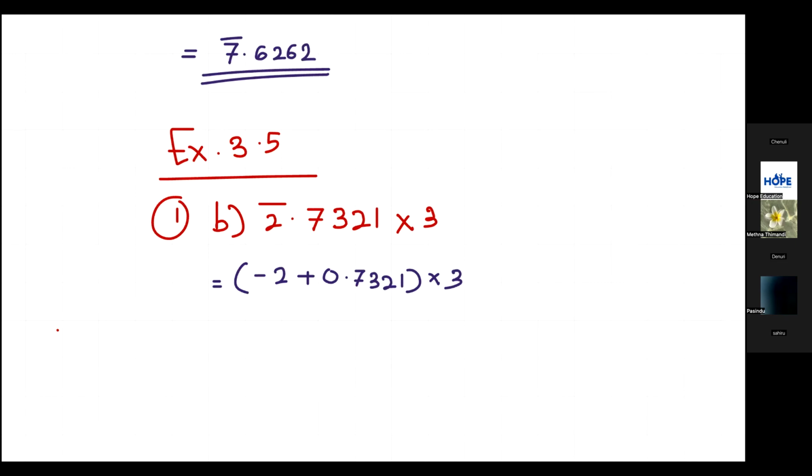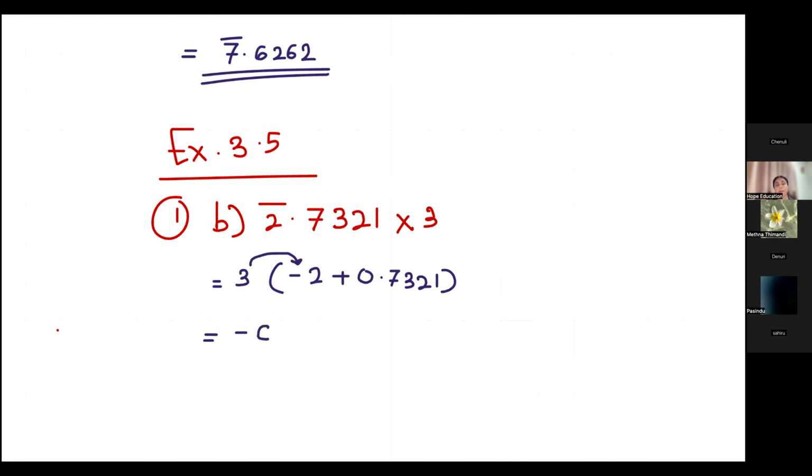So here we are multiplying this by 3, right? So I will move 3 to the front. Now it's all about multiplying. First we multiply 3 by minus 2. 3 times minus 2 is minus 6. Then 3 multiplied by 0.7321.